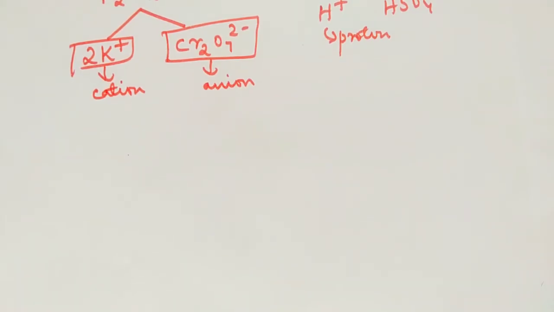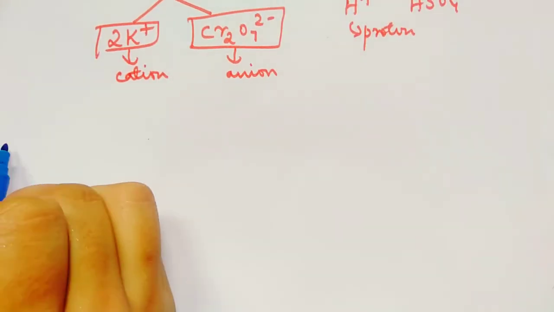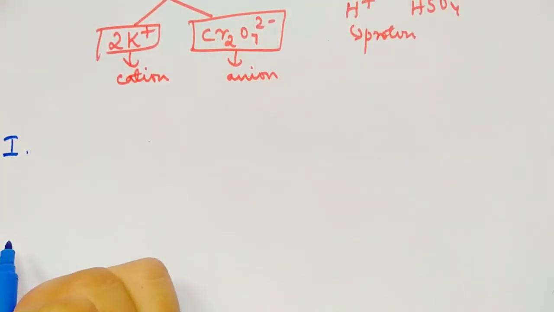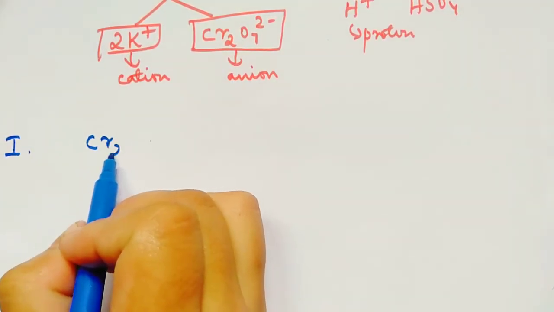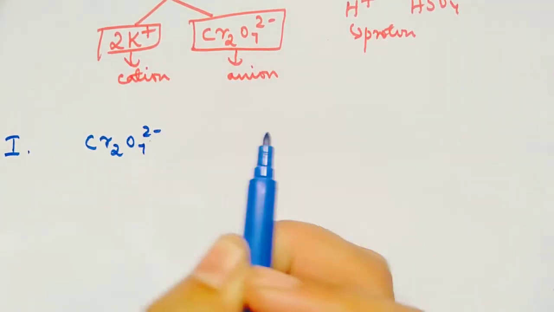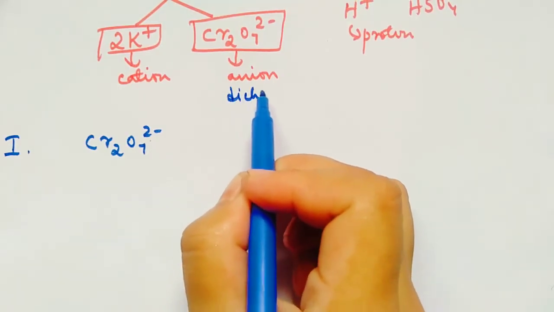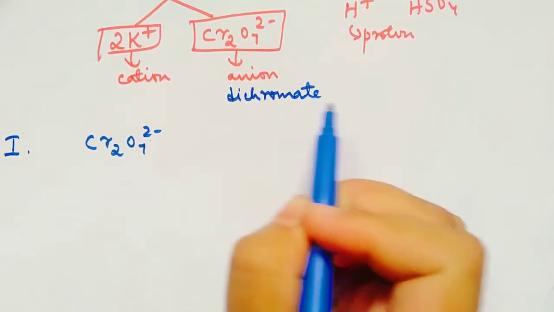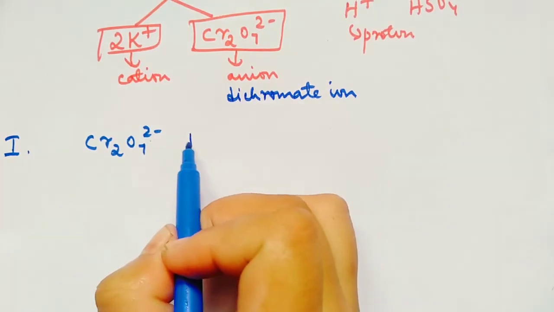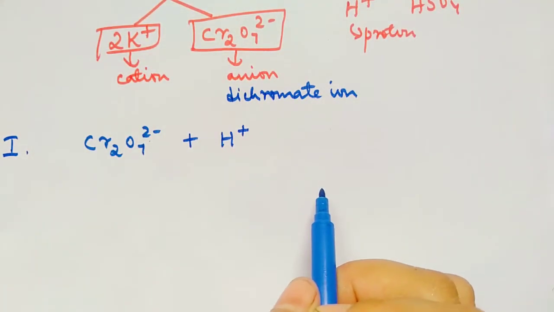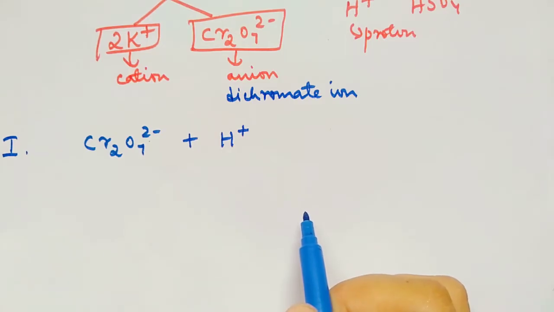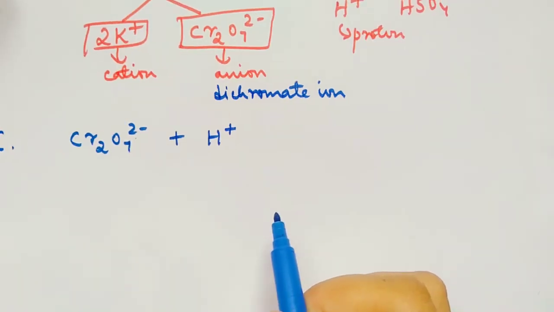The first simple trick, remember: you have your dichromate ion in acidic medium. Remember that potassium dichromate in acidic medium acts as a very strong oxidizing agent.